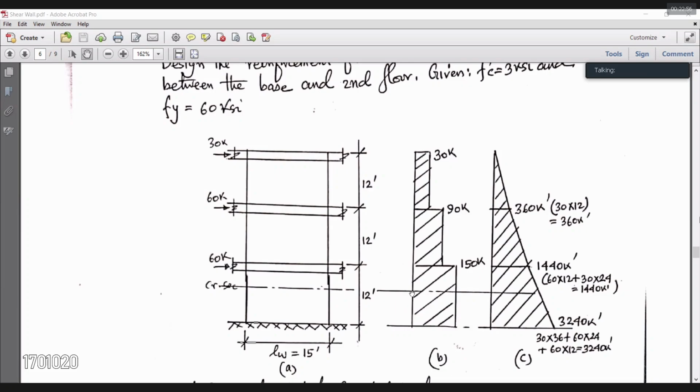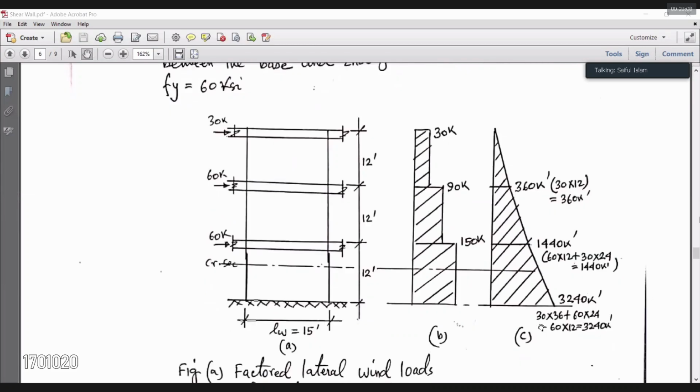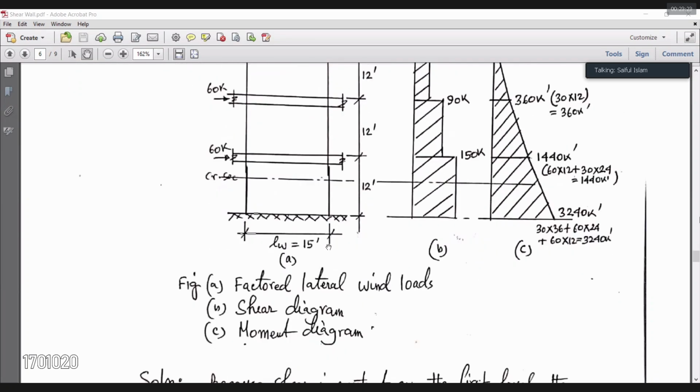Likewise the bending moment: you calculate 30 into 12 as the bending moment ordinate. Similarly, this is the bending moment ordinate and this is the bending moment ordinate, very easy. Ultimately at the base your factored bending moment is 3240 kip-feet. For that bending moment you have to calculate the steel, and for 150 kip constant shear you have to design the wall for shear reinforcement.